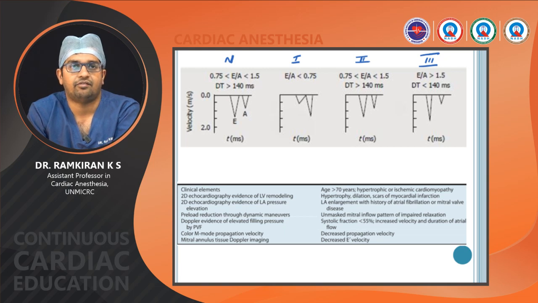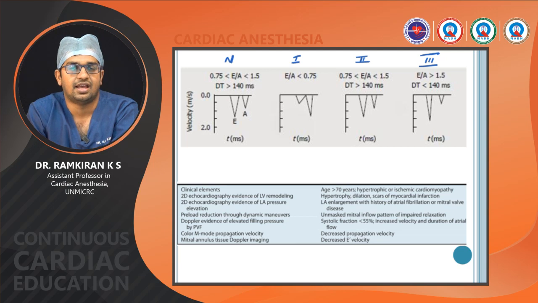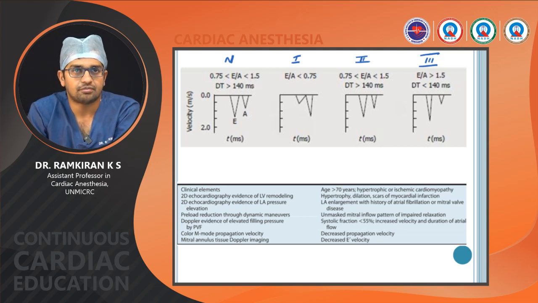And whenever there is 2D echocardiography evidence of LV remodeling, that is hypertrophy, dilatation, scars, always consider it. And whenever there is 2D echocardiography evidence of LA pressure elevation, LA enlargement with a history of atrial fibrillation or mitral valve disease, in them also you have to differentiate.